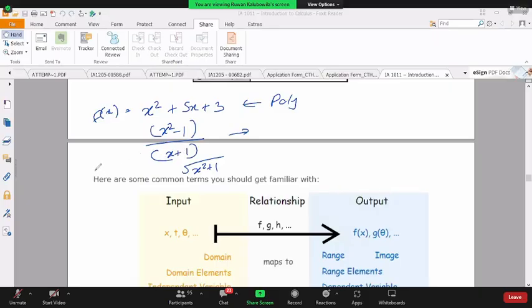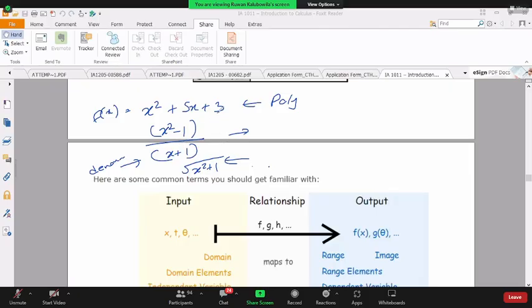We have to think about the denominators and the square roots, because we cannot put negative numbers inside a square root, and we cannot set the denominator to 0.